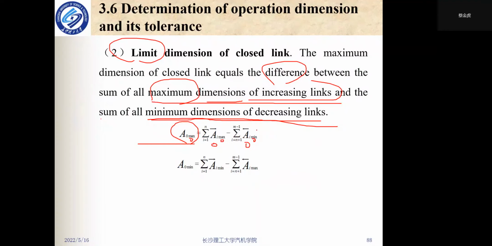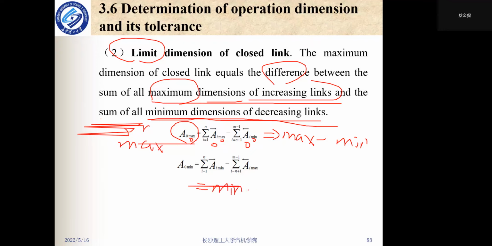We use a maximum value minus a minimum value, then we get a maximum value on the right side. Opposite to this, if we want to calculate the minimum of I0, then we use the minimum minus the maximum.